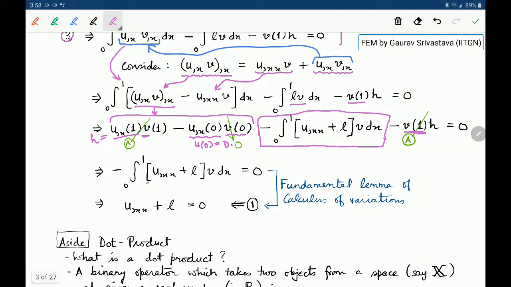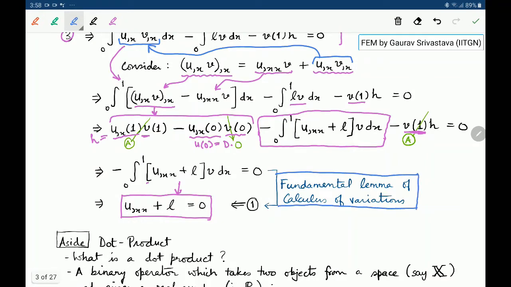Now from here we can claim that if this integral is 0, that is possible only when the integrand is 0, which means this is 0, and this comes from something called the fundamental lemma of calculus of variations. And it is also easy to see why this happens.